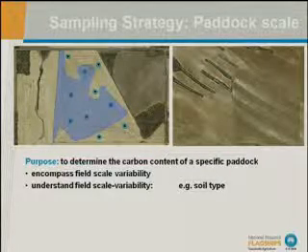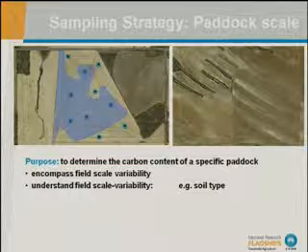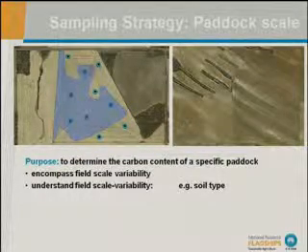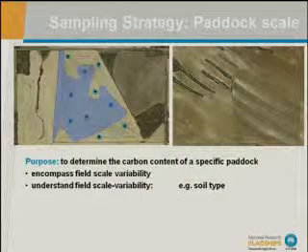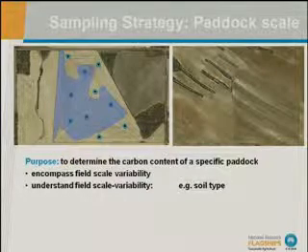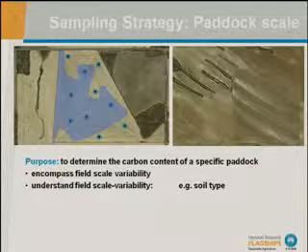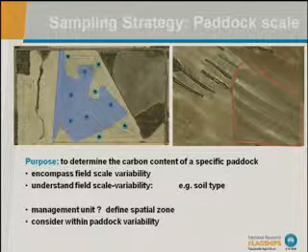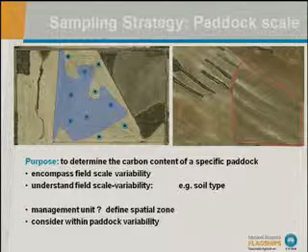It's less obvious on this side of the paddock, where you've still obviously got the dune system going on, and you have variability in your landscape characteristics and potentially your carbon content. And it might be important to take that type of variability into account when you're designing your sampling strategy.